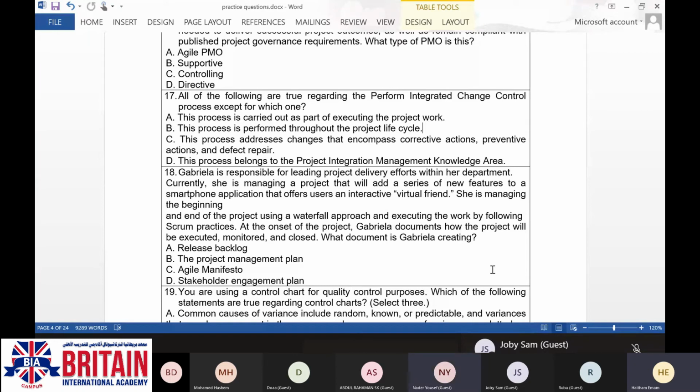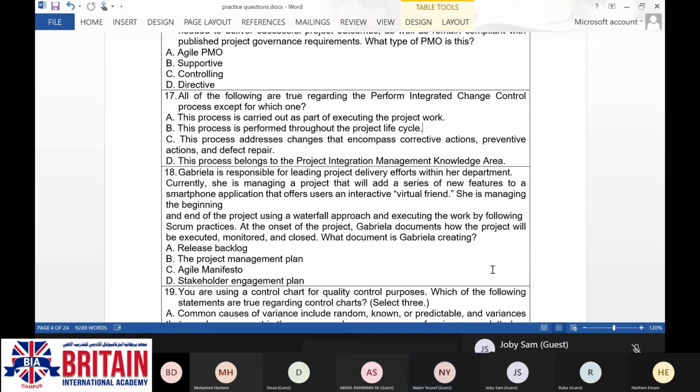For me, the process is carried out as a part of executing the project work. The process is performed throughout the life cycle, true. This process addresses changes that encompass corrective action, preventive action, and defect repair, true. This process belongs to the project integration management knowledge area, true.